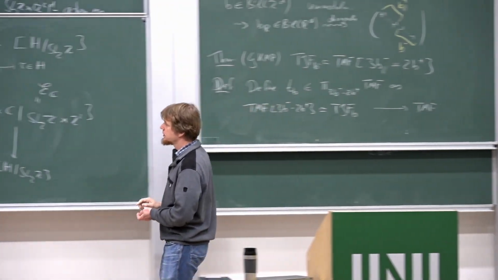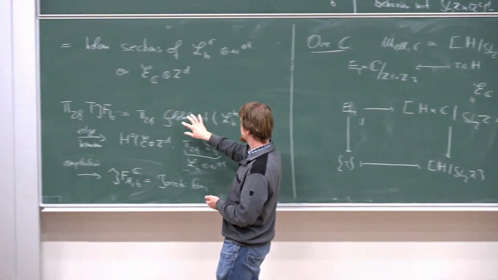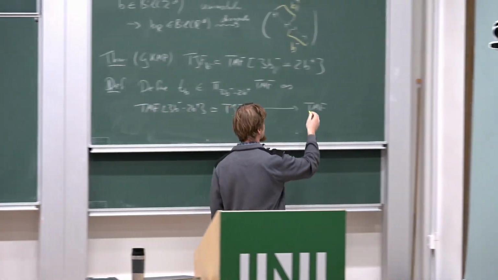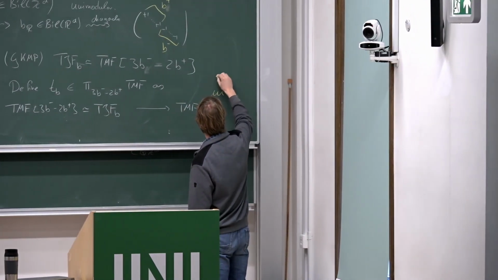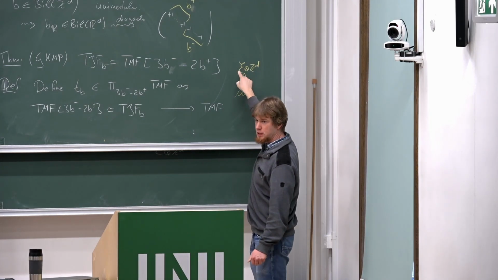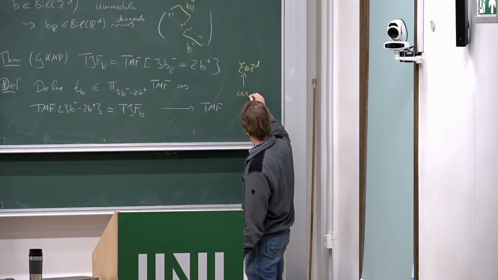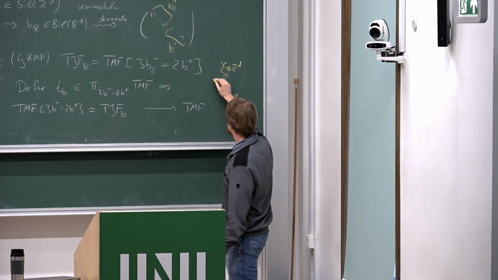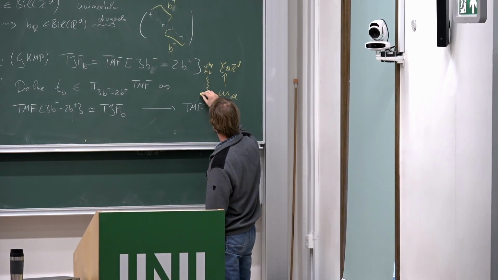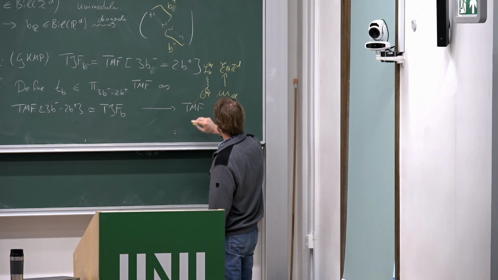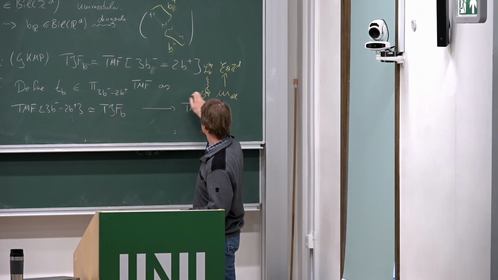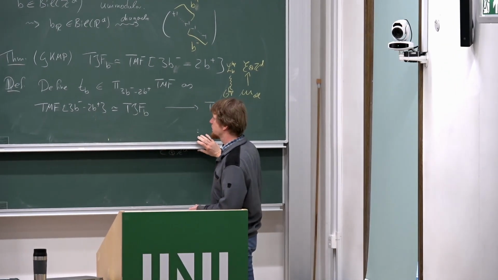How does it work? TJF_B was a global section of a certain line bundle, and with lack of time, maybe I just say quickly. There's something called the zero section of an elliptic curve, and we can get a corresponding zero section from M_L to this thing, and the pullback of L_B^top to this thing is exactly the structure sheaf. And when you contemplate this, you get a map from the global sections of this to the global sections of this, so from here to here.